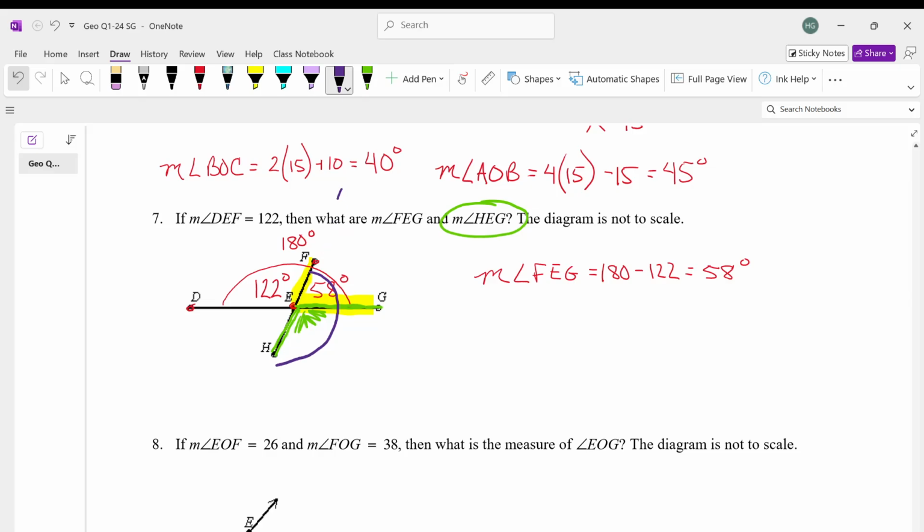This line right here? And those two angles sum 180. So we're going to say that the measure of angle HEG is equal to 180 minus 58. And 180 minus 58 is equal to 122.